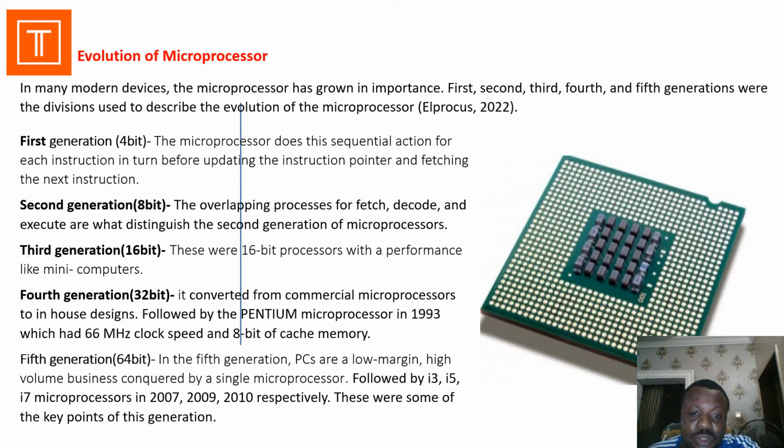In the fifth generation, the principal are low margin, high volume business conquered by a single processor, followed by Core i3, Core i5, Core i7 microprocessors in 2007, 2009, 2010, etc. These are some of the key points of the generations. Then the latest one we have now is the Core i9, which was established in May 2007, which we're going to discuss in the next slide.